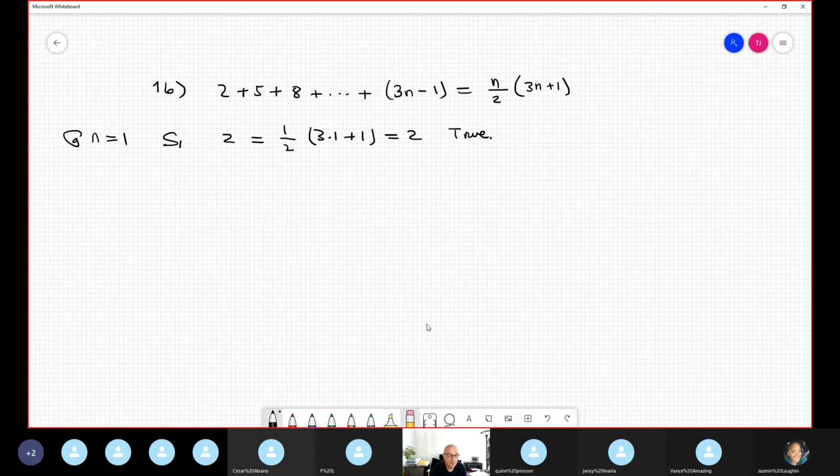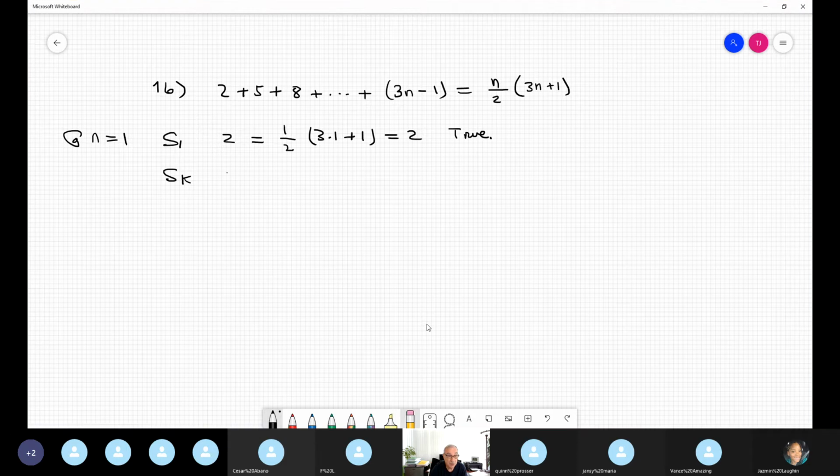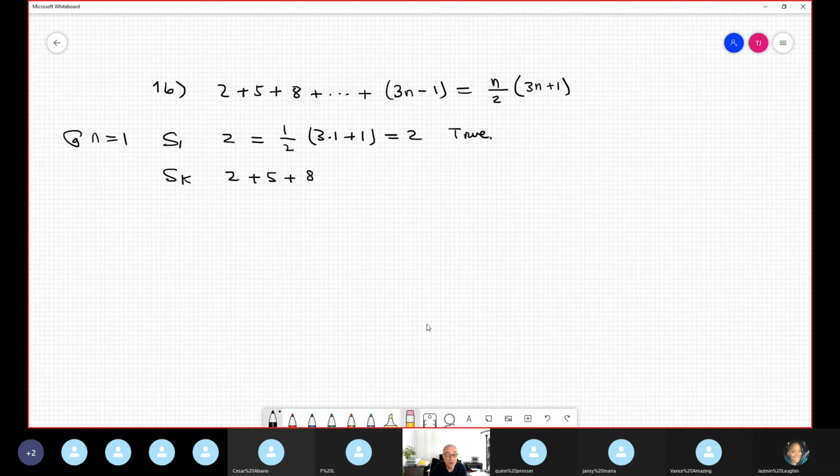Okay. Now assume case S of k is true. So you just copy exactly the same original expression. We want to prove that it is true. Replace n with k.